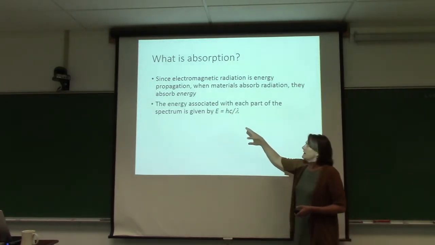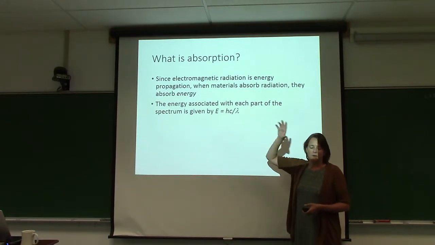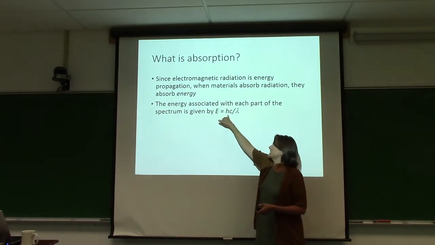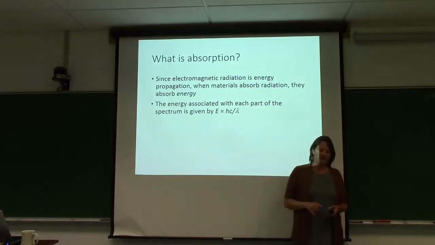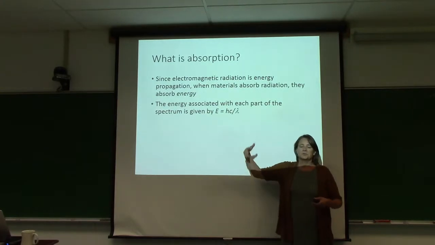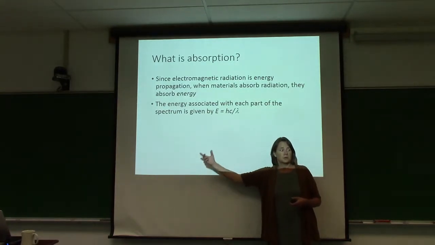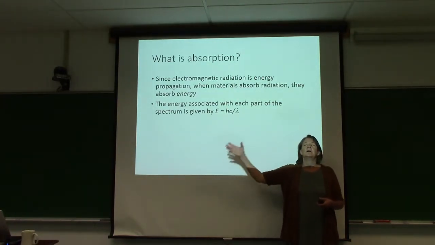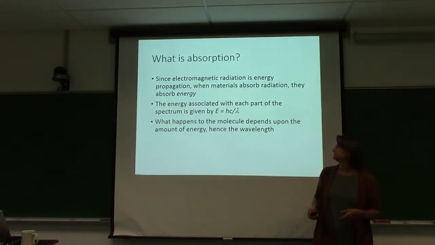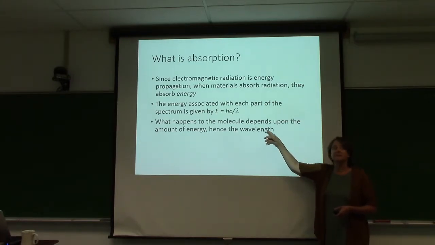The energy is given by this equation, where this is Planck's constant, the speed of light, and the wavelength of light. Since the wavelength is in the denominator, there's more energy at shorter wavelengths, UV, and less energy at longer wavelengths, red or infrared. What happens to the molecule depends upon the wavelength, because it depends upon the energy being absorbed.